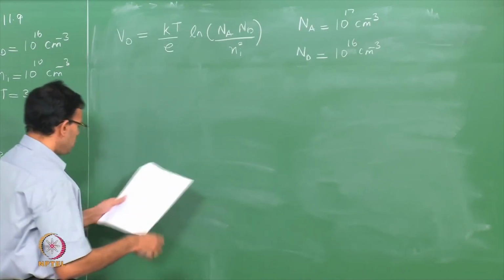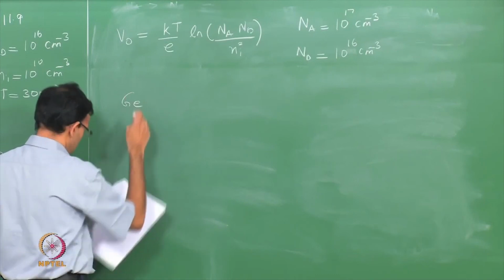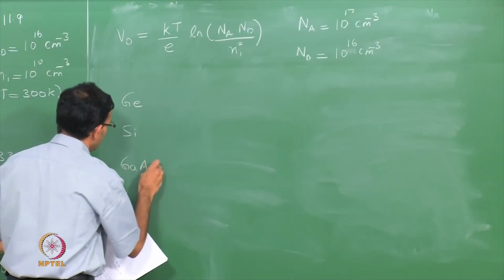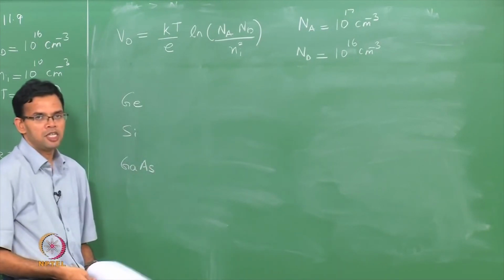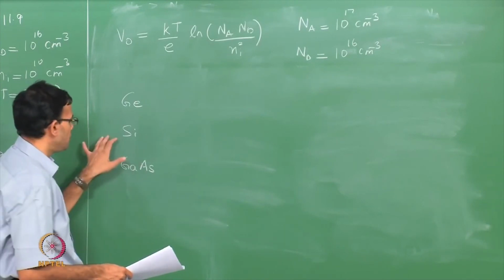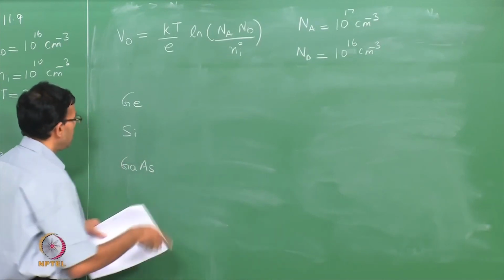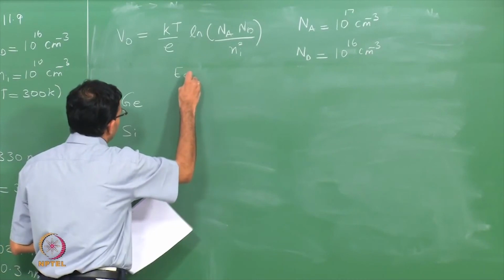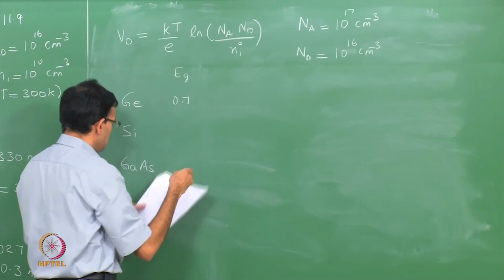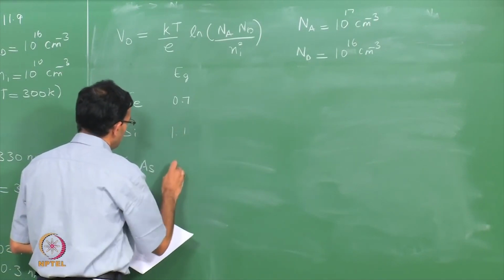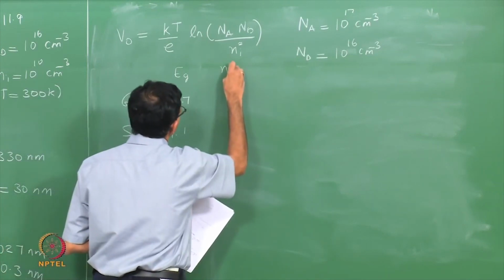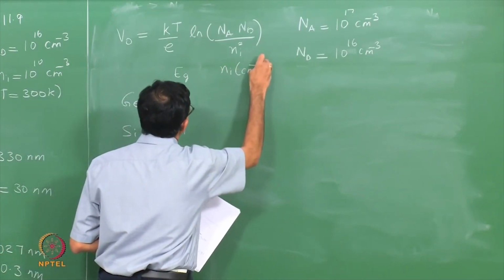The higher the value of Ni, which happens if you have a lower band gap, the smaller is the contact potential. So, let us look at three materials: germanium, silicon, and gallium arsenide. We are forming p-n junctions between two germanium P and N, the same with silicon, the same with gallium arsenide. The band gap values at room temperature are 0.7, 1.1 and 1.4. Ni is different.